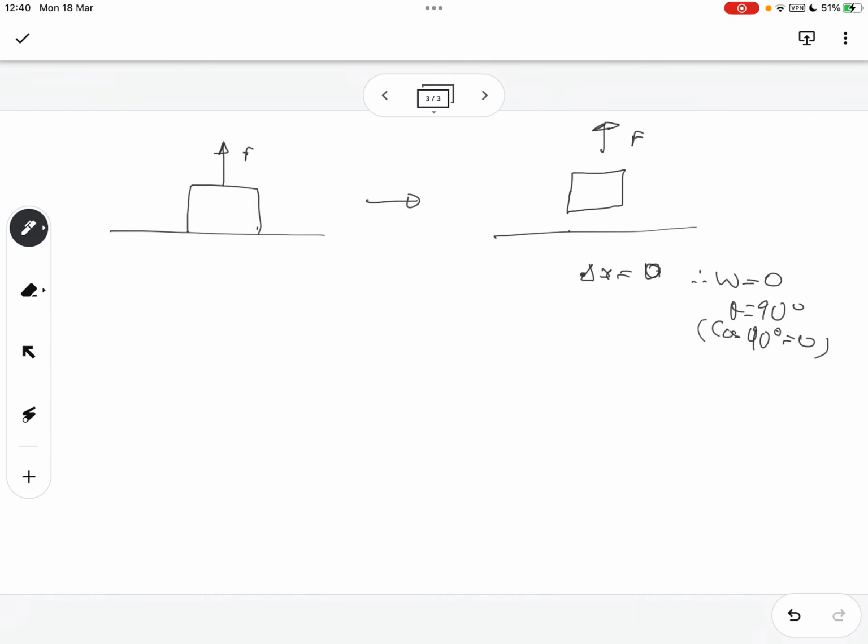But as theta increases, let's say the force acts in that direction, then there will be a horizontal component and a vertical component, because the force is pulling in both directions. This is theta.